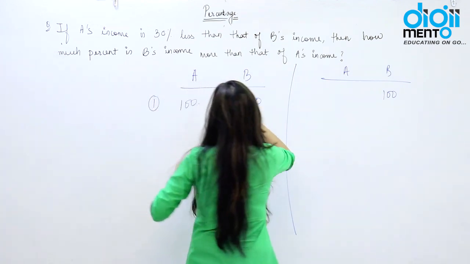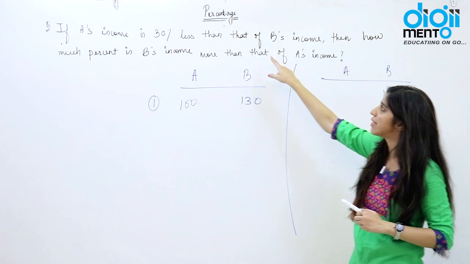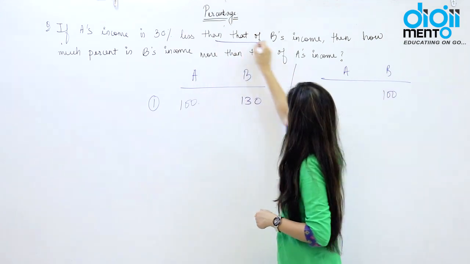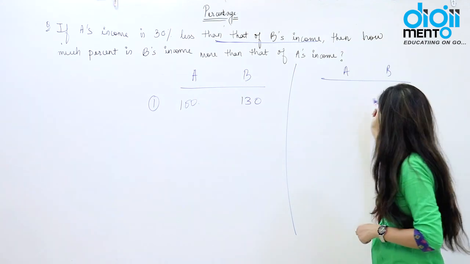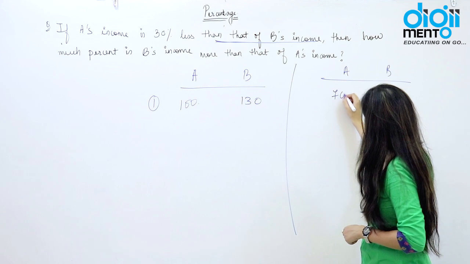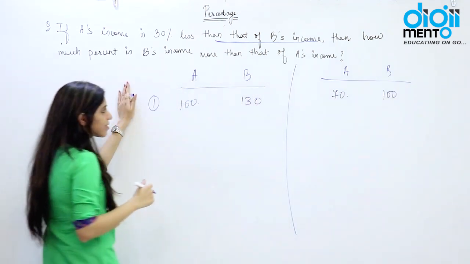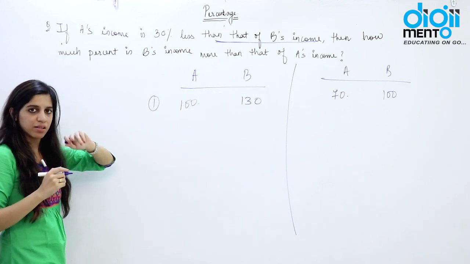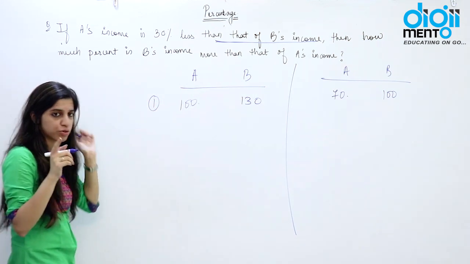Why? So now what do they say? A's income is 30% less than that of, see, this is very important here, 30% less than that of B's income. Now 30% of 100 is going to be 30 less, so this is going to be 70. Now see, why is this wrong and that right? How do you judge which of the cases you should assume?